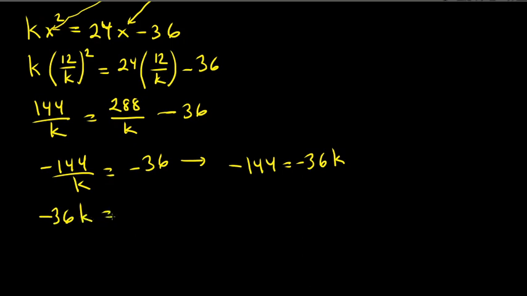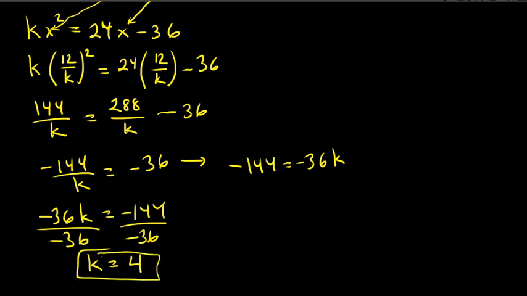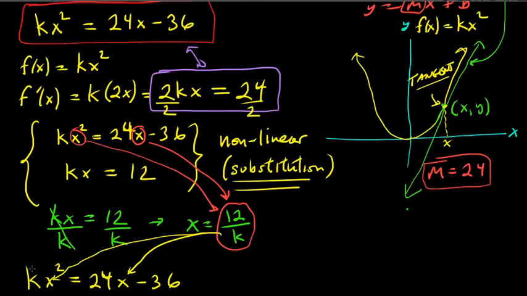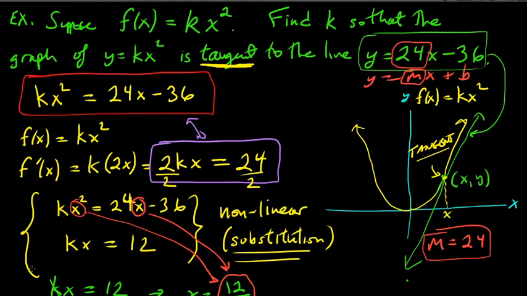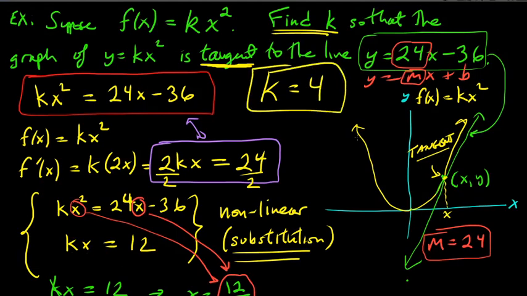I'll just switch sides here and then divide by negative 36 on both sides. So k should equal, well, it's a negative divided by negative, so it's positive 144 divided by 36. I think we get k equals 4. And that should answer the question: find k so that this situation happens. So k has to be 4. And we're done.